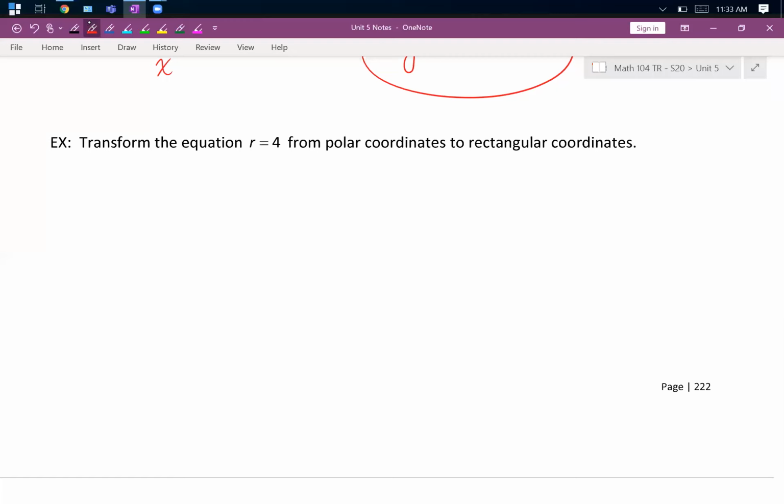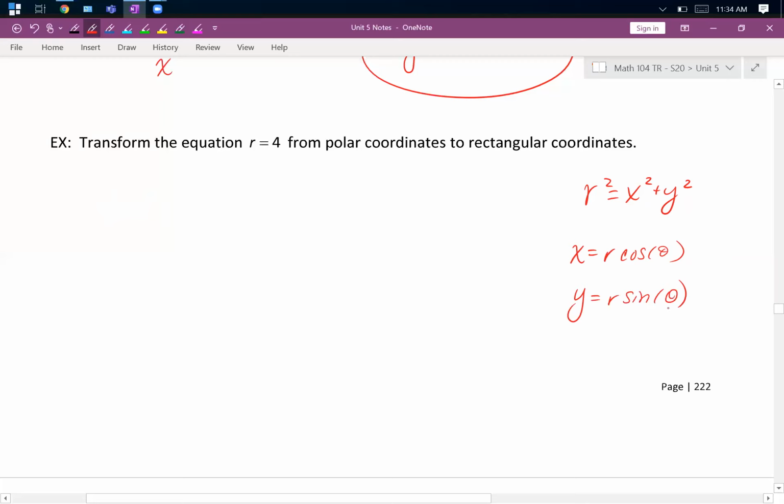Our only equations that have an r: r squared equals x squared plus y squared, x equals r cosine theta, and y equals r sine theta. As I mentioned, I would prefer not to introduce a theta if I didn't have to. So if somehow I could just deal with the other equation with r squared, then that would be better.